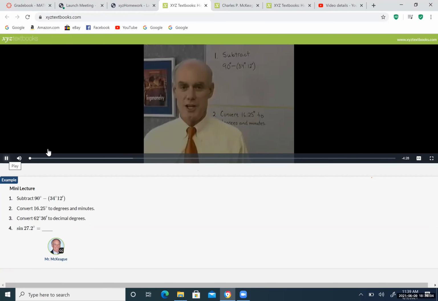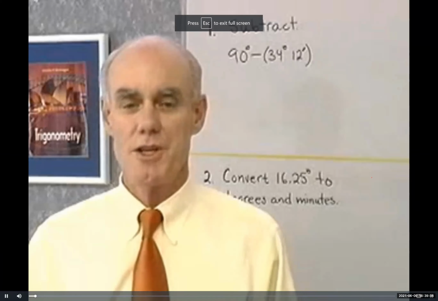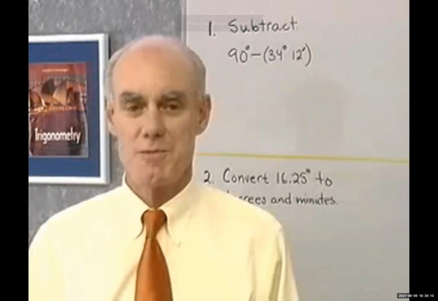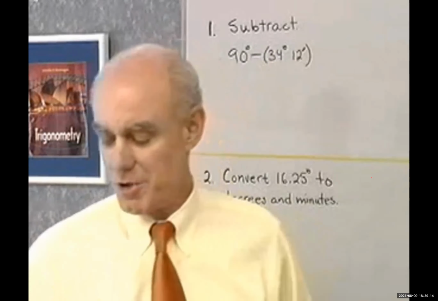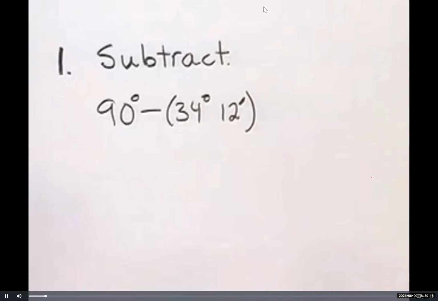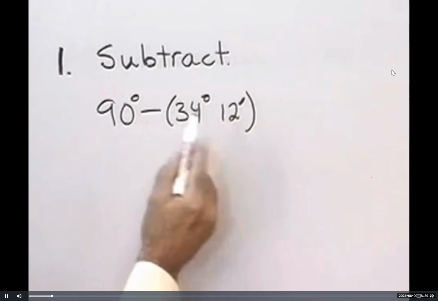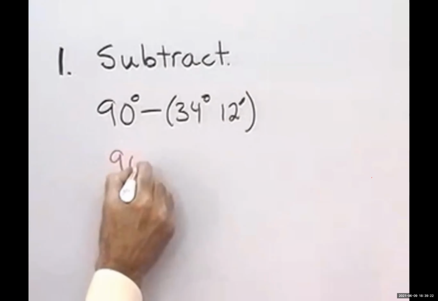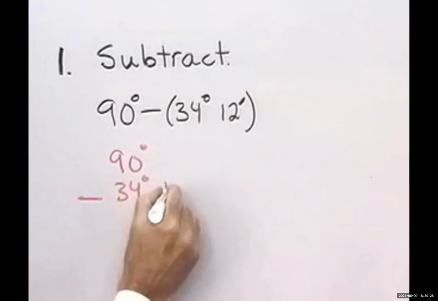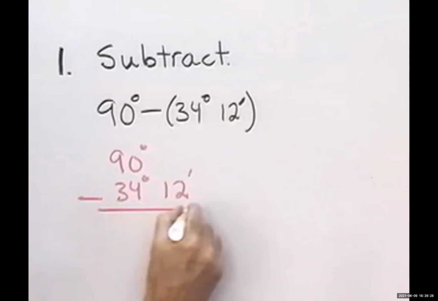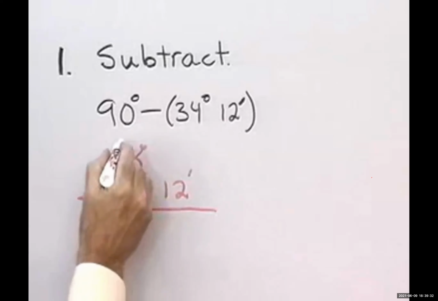Okay, let's start. Take a look at the relationship between angles written in degrees and minutes and angles written in decimal degrees. Let's look at a subtraction problem to begin with. Here I have 90 degrees minus 34 degrees 12 minutes. So I'm going to set it up this way vertically, 90 degrees, and then I want to subtract 34 degrees 12 minutes. Well, I need something to subtract in the minutes column, so I'm going to borrow 1 degree.